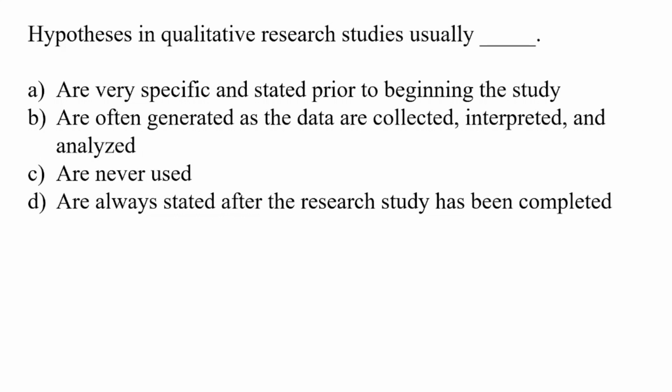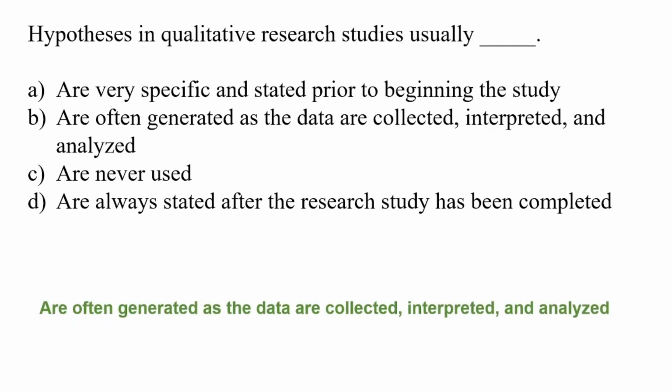So I'll answer this then. They're often generated as the data are collected. In the case of qualitative studies, specifying your hypothesis prior to the beginning of the study is not really what happens in normal cases. You generate the hypothesis as the data are collected, interpreted and analyzed. Even in quantitative studies, I feel you can have a hypothesis from beforehand, after the literature review and before the study, but as you go about gathering more and more data, some of your hypotheses might change.